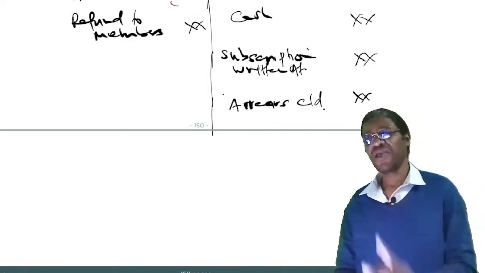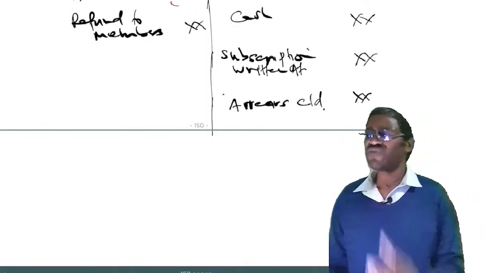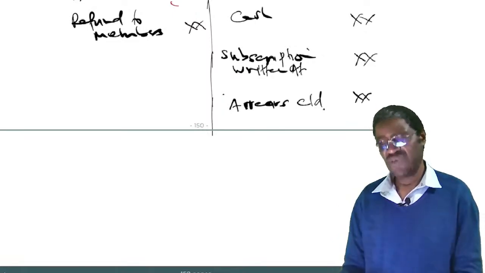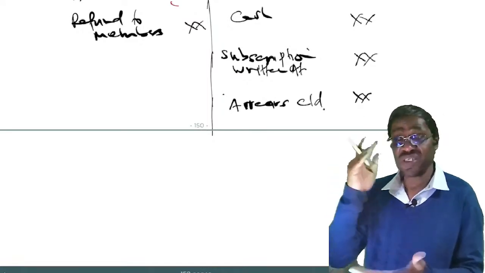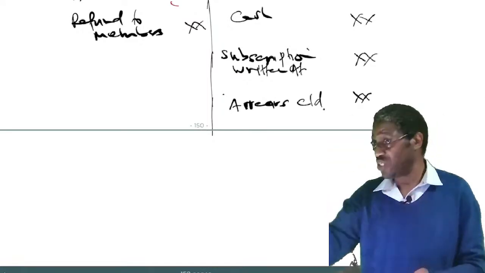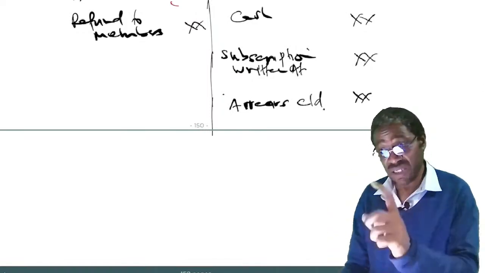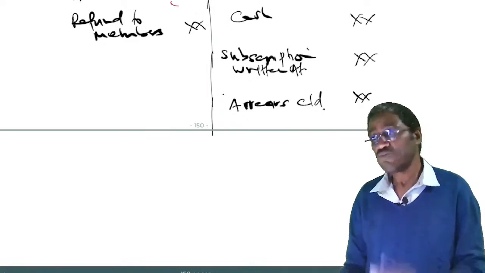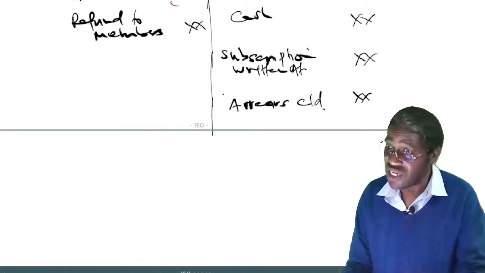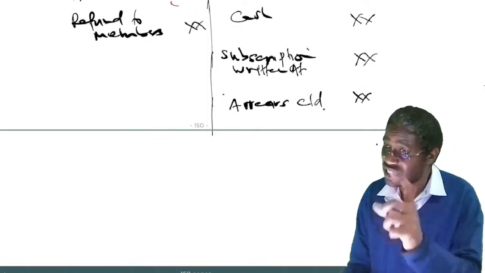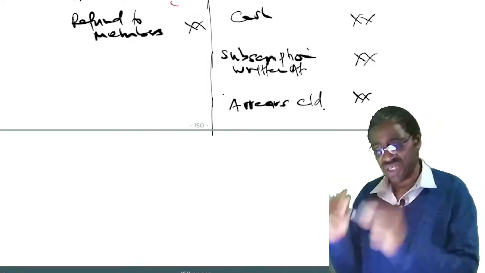It will become clear. Then again, if there is any amount we have received in advance, any amount we have received this year, now we have received it in 2020, but it's maybe for 2021. I'm assuming my current year is 2020. So it means that we have received more than enough. That extra we have received this year is a liability. A liability by the end of the year, we have always said, is a credit balance.